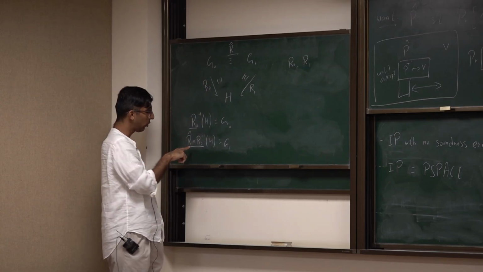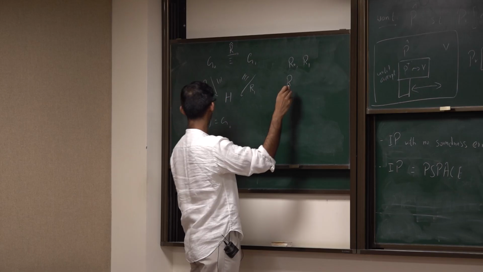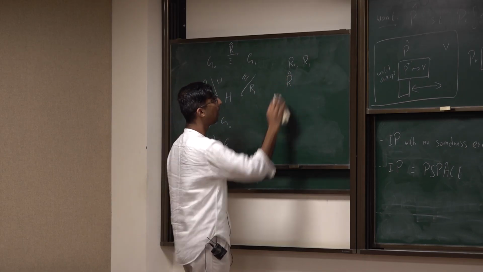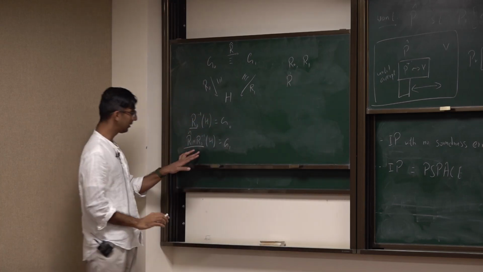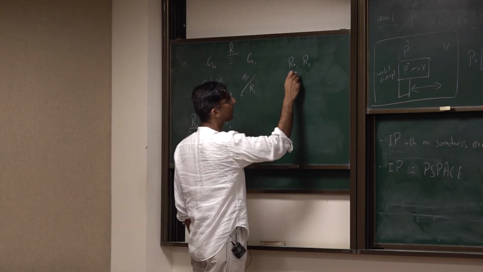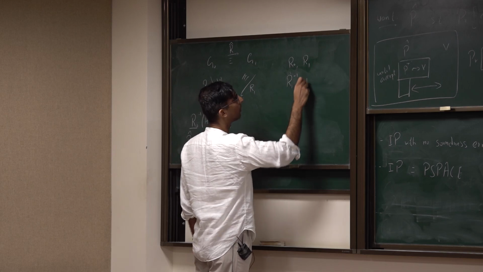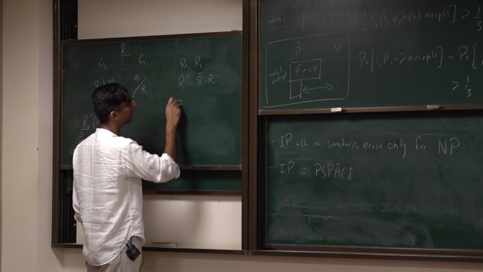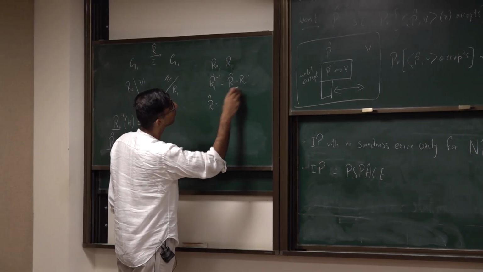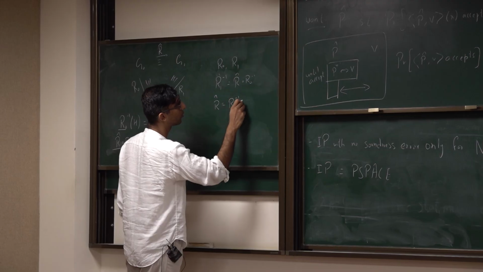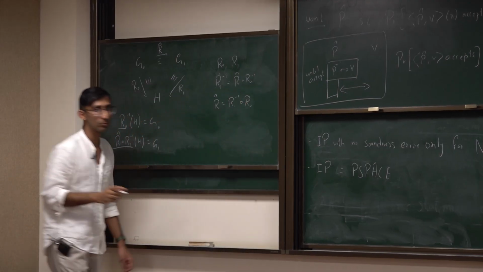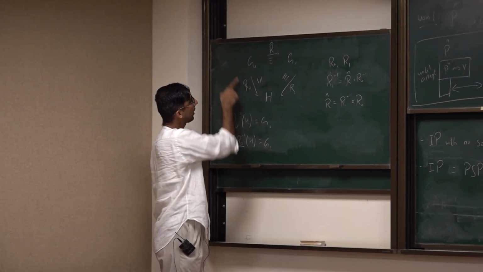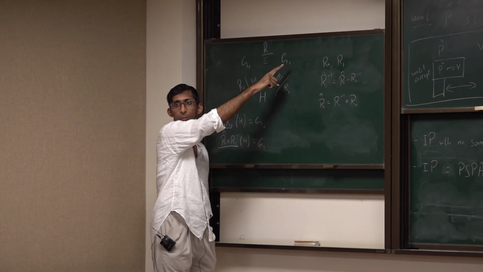Because I know that R1 inverse is equal to R hat composed with R0 inverse. So this says that R hat is equal to R1 inverse composed with R0. Basically, you start here, you apply R0 and you apply R1 inverse and you go back there.